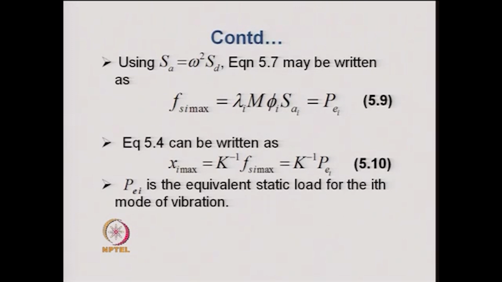Then that equation now can be written as FSI max is equal to lambda I into m into phi I into SAI, that is, we substitute in place of omega I square into SD the value of SAI, and this quantity is called PEI, that is the equivalent static load, and this equivalent static load produces a maximum displacement of the structure if it were vibrating only in the ith mode.